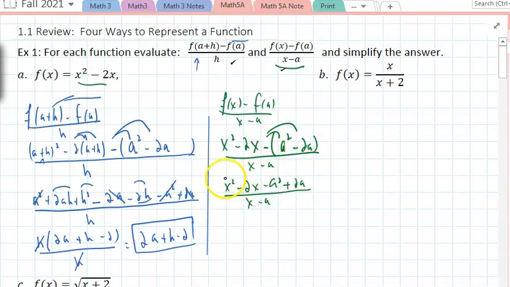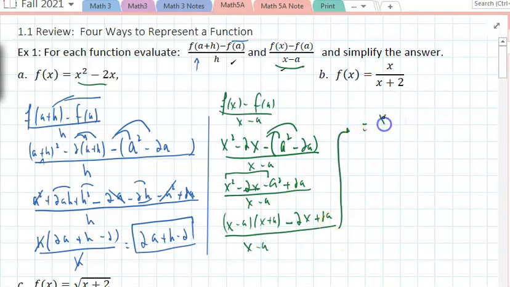The goal here is to factor. If I group those two, that's x squared minus a squared, that's x minus a into x plus a. And what I have left is minus 2x plus 2a over x minus a. Factor out a negative 2, I'll have a positive x minus a over x minus a.